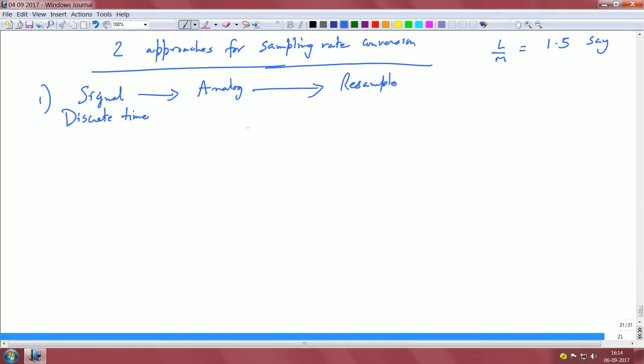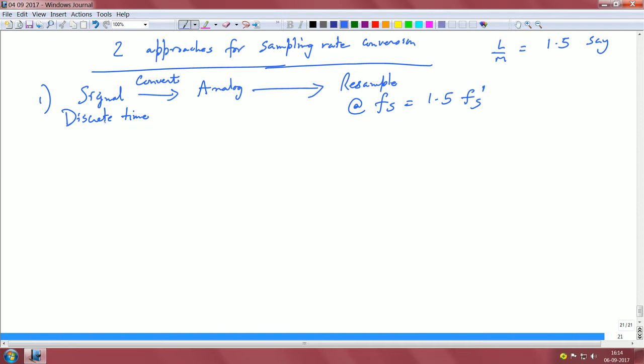So we want a 1.5 increase in the rate, right. So a naive approach is take the discrete time signal, convert it into analog signal, right, and then you do resampling at some rate Fs is 1.5 times Fs dash.